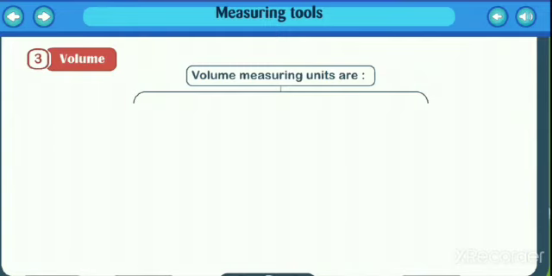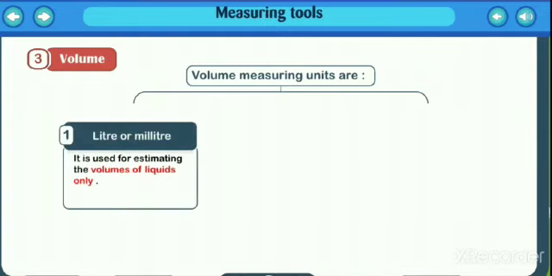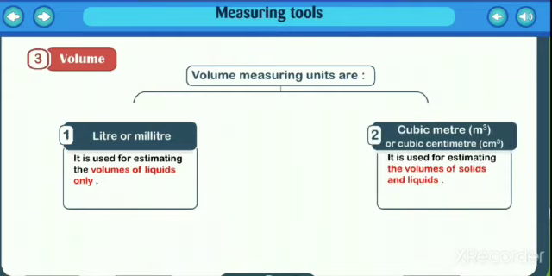Now let's talk about volume measuring units. Volume measuring units are like liter and milliliter. Liter and milliliter are used for estimating the volume of liquids only. But cubic meter and cubic centimeter are used for estimating the volume of solids and liquids.